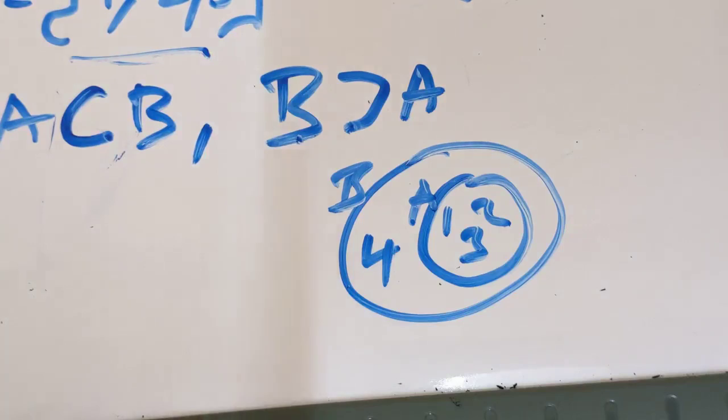A proper subset is a set that has at least one element which is not in A. That is what a proper subset is.